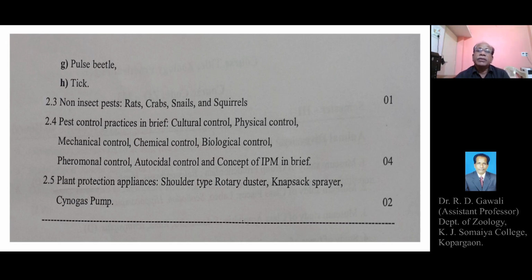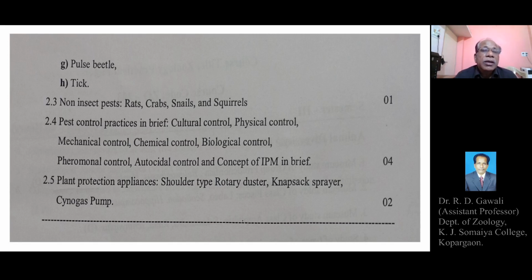Simultaneously we can use different methods for the control of pests. It can be cultural, physical, mechanical, chemical, biological, autocidal. Several possible methods of control can be employed at a time in an IPM, so that we can kill the 100% pest population in the field or in the crop.